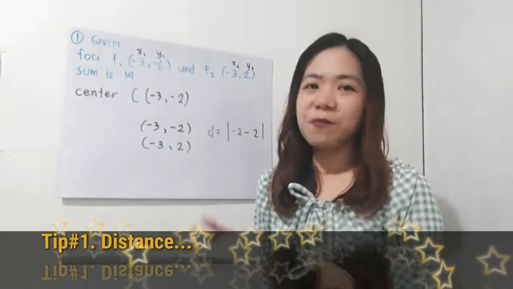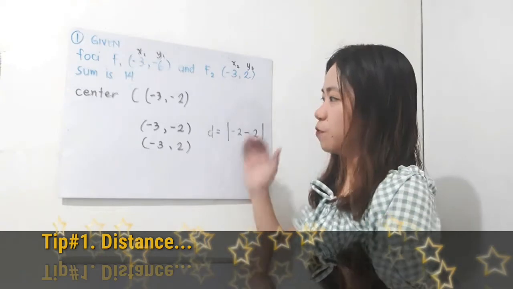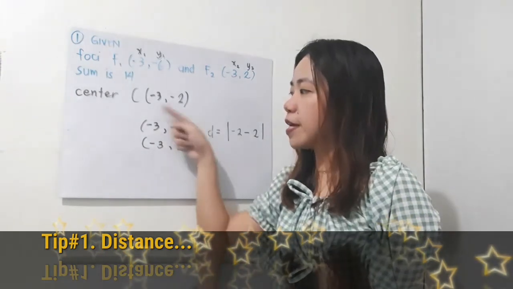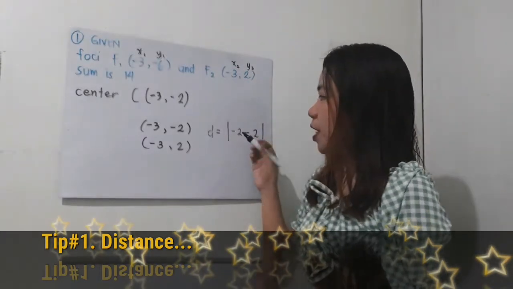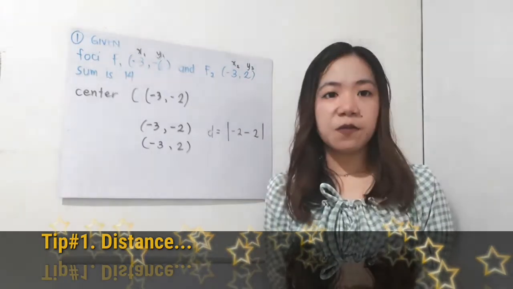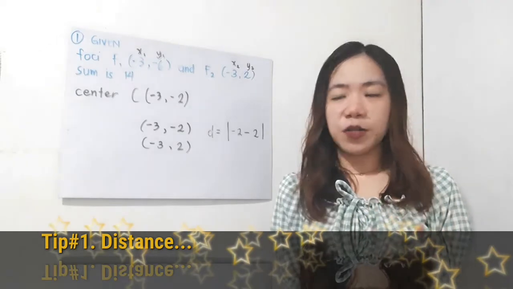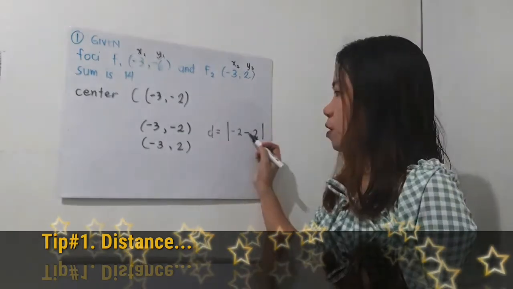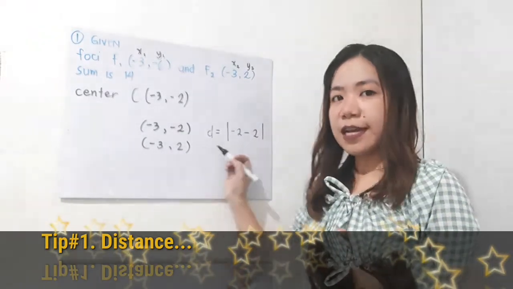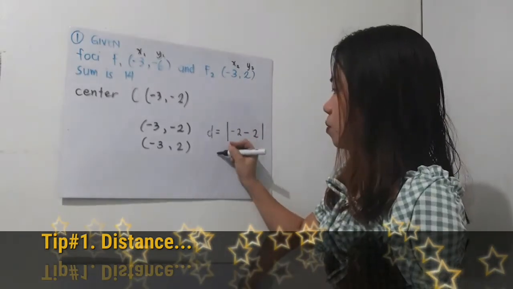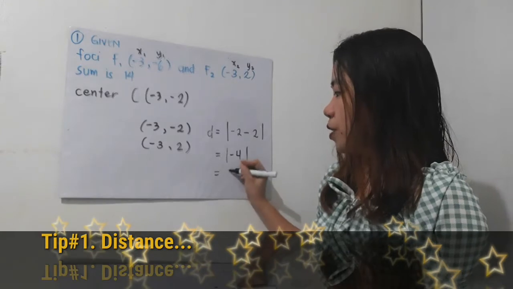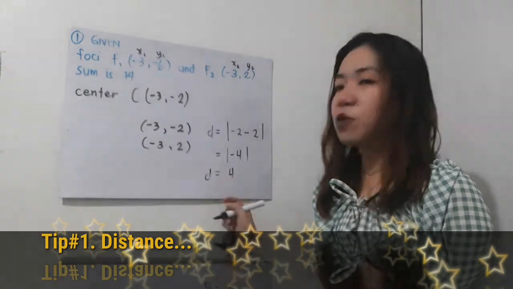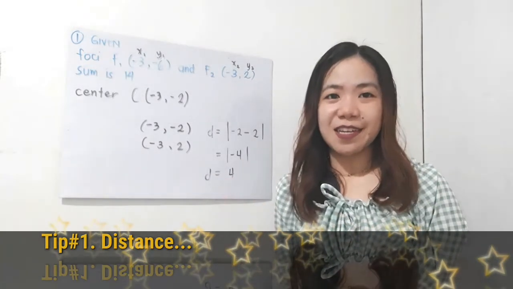Here's a tip. If you're going to find the distance of 2 points which has the same x coordinate, what you'll do is just get the absolute value of the difference of the y coordinates. So we have the absolute value of -2 minus 2, that is the absolute value of -4, meaning the positive of -4. So the distance is equal to 4, or again, c is equal to 4.